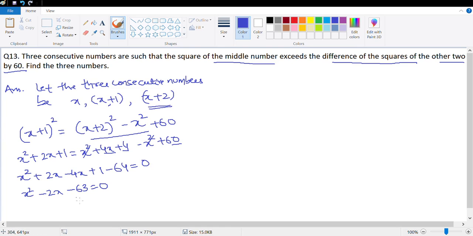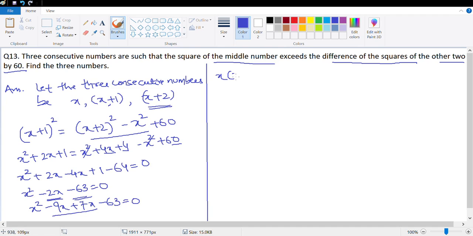Quadratic equation, I need to find factors of negative 63, the sum of which will be negative 2. So 7 and 9, and since it's negative, which means 9 is the negative. So x square minus 9x plus 7x minus 63 is equal to 0. So I have split negative 2 in the form of negative 9 plus 7.